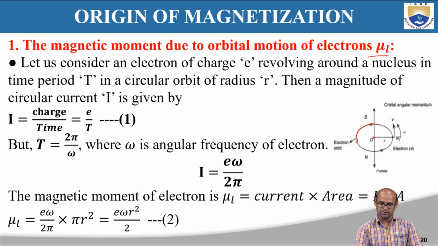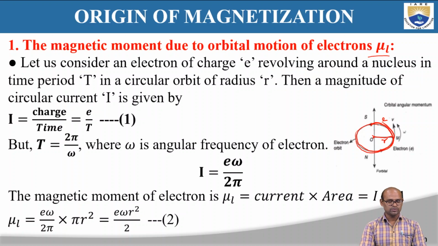So this is a circular orbit of radius r, and the electron having charge e is moving around this circular orbit in time period T. Then the magnitude of circular current is given by this. Because the electron is moving around the nucleus in this circular orbit of radius r, it is going to produce a current.